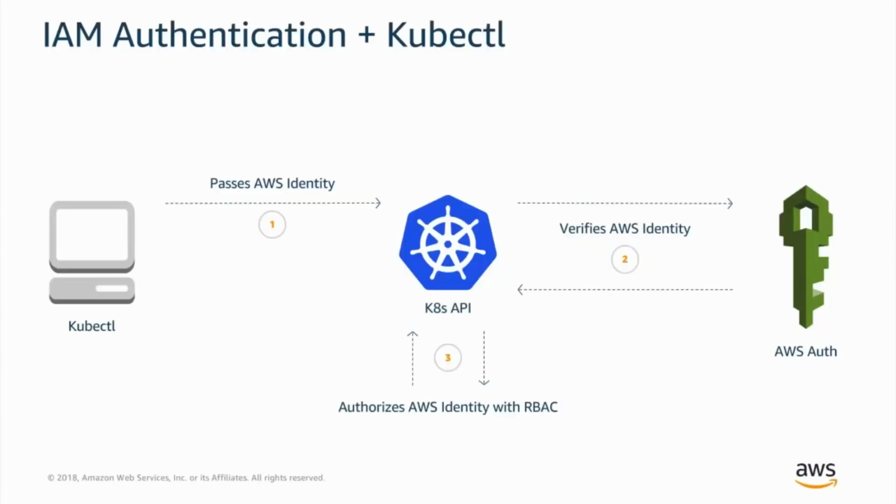And that's where you are authorized. That's where Kubernetes will check whether you have the right level of authorization. So in my case, when I say kubectl get pods, Kubernetes will check whether I am allowed to do that call or not. And then I'll get my response whether my action is allowed or not.